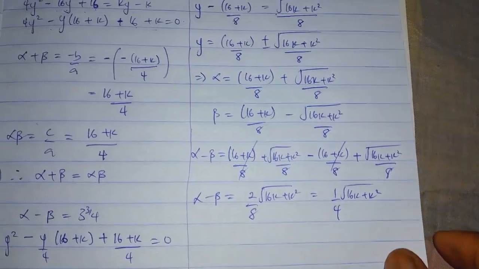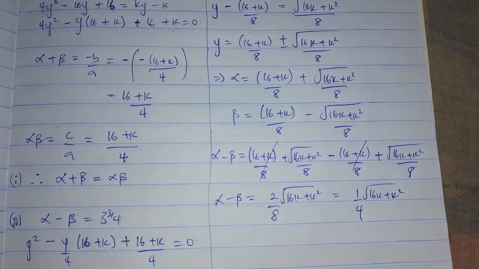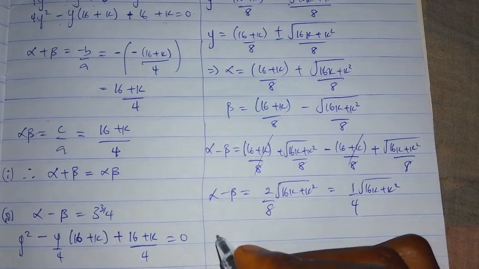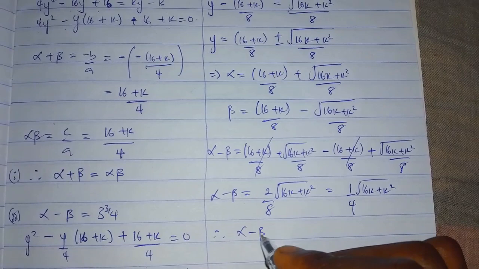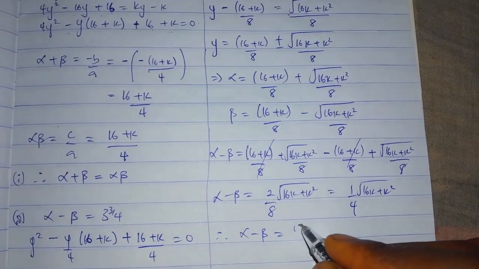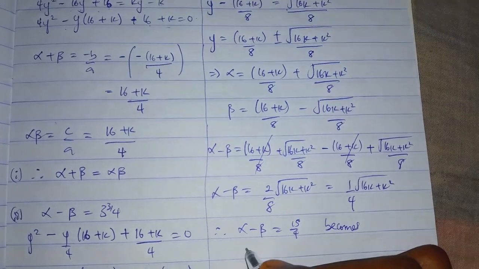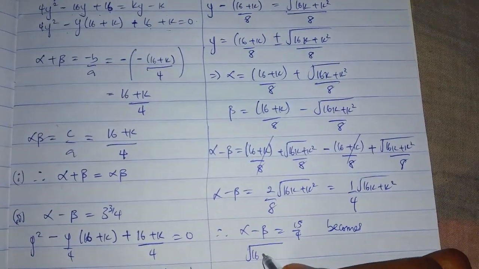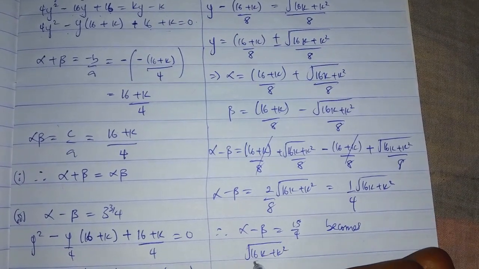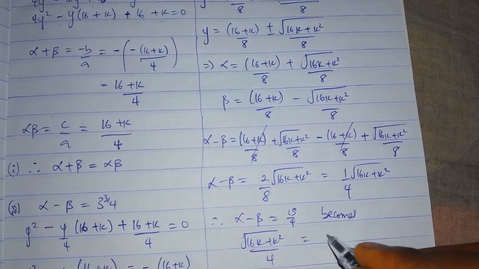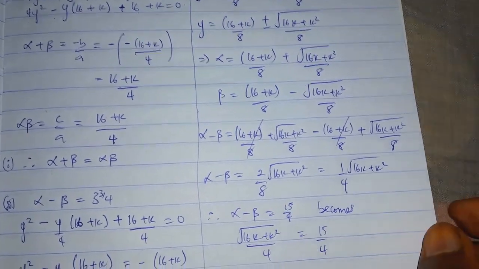Now remember we said it is equal to what? 3 over 4, which is the same thing as 15 over 4. So therefore alpha minus beta, which is equal to 15 over 4, becomes what? Root 16k plus k squared all over 4 is equal to 15 over what? Over 4.